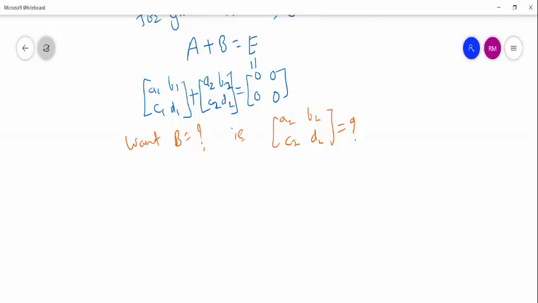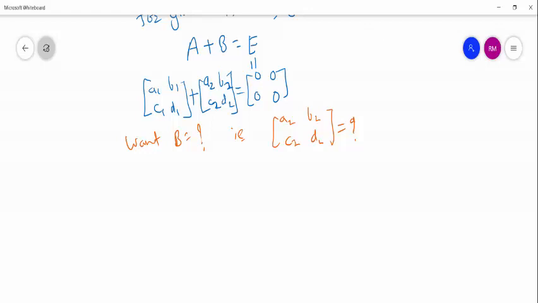In the set of rational numbers, the inverse of 2 is 1 by 2 under multiplication, and in the set of real numbers, the additive inverse of 2 is minus 2.